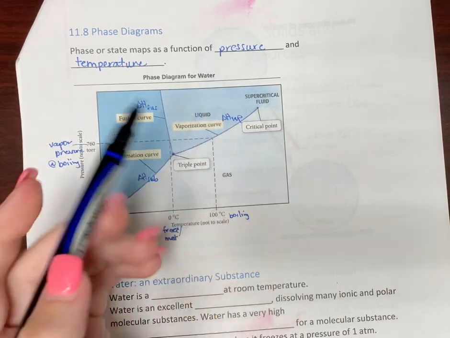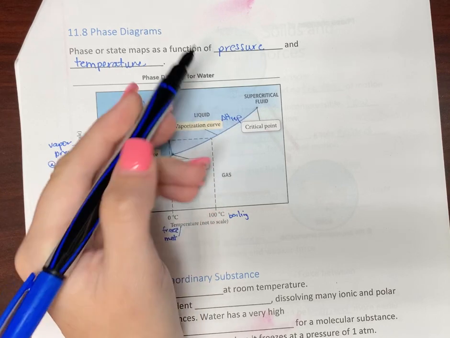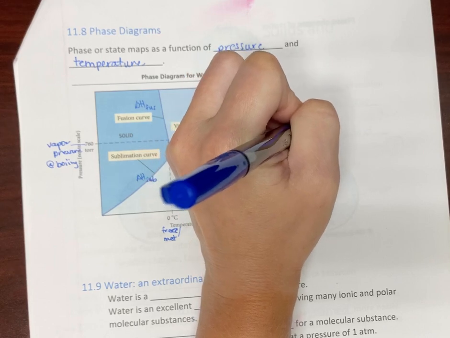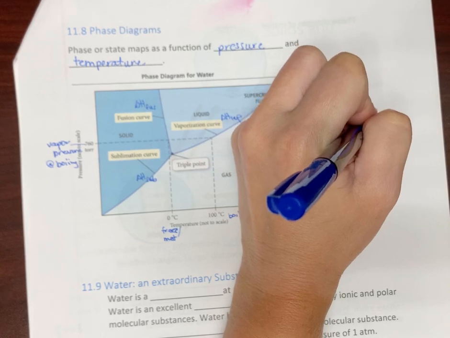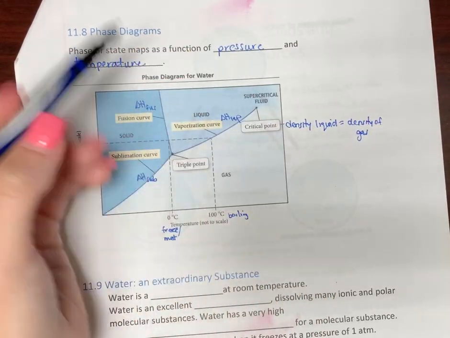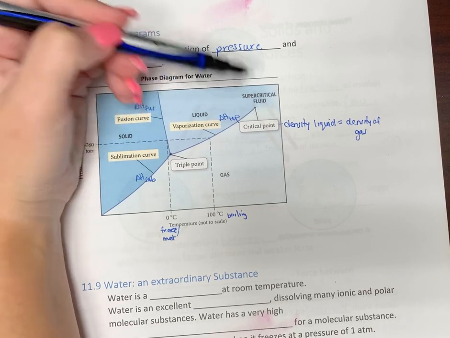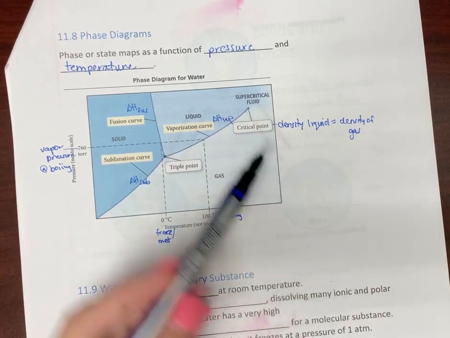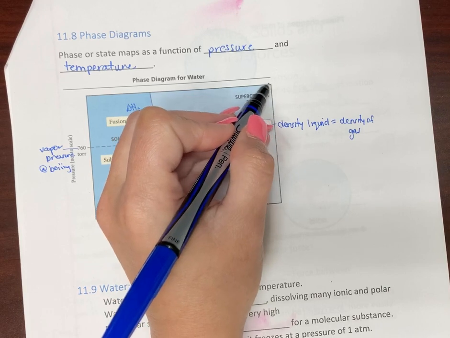So then you also have the critical point. Now remember, the critical point is where the density of the liquid equals the density of the gas. So you can't tell. Note, the line stops here. And so at this high pressure and very high temperature, note, mine's in color.